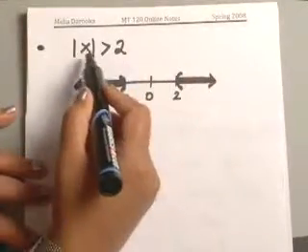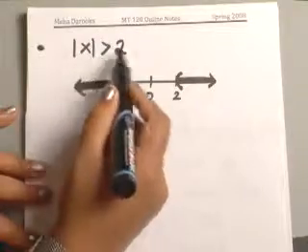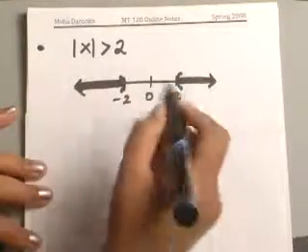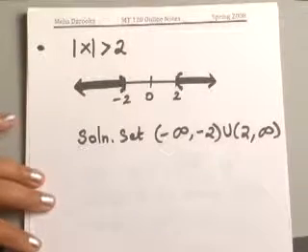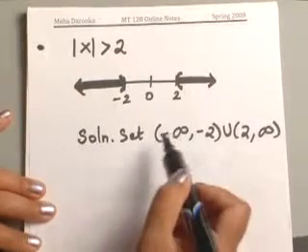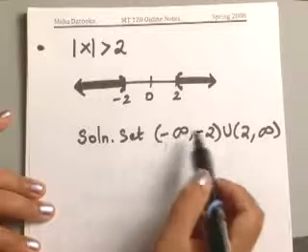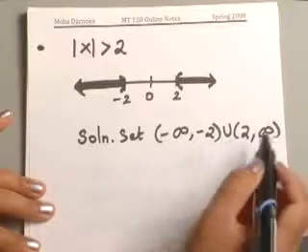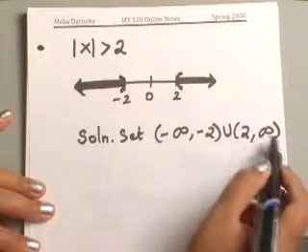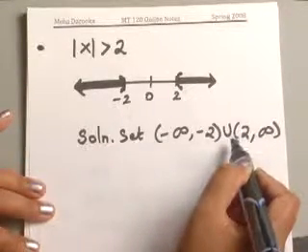So the solution set of absolute value of x greater than 2 will look something like this. The solution set will be from negative infinity to negative 2, not including negative 2, and the interval of 2 to positive infinity, again not including 2.